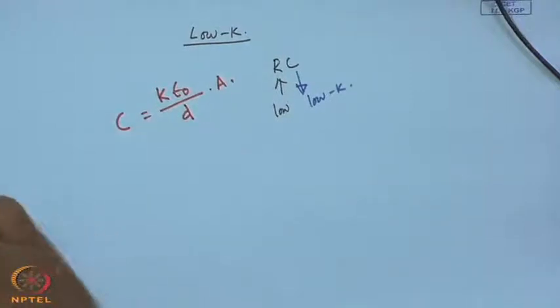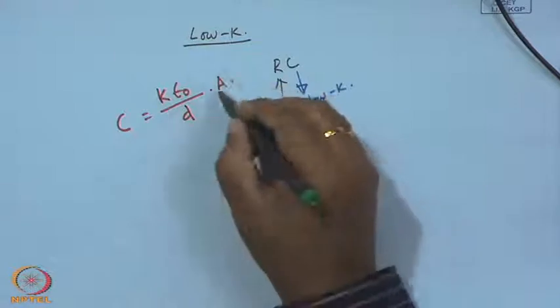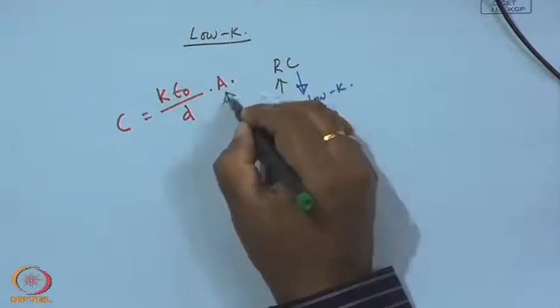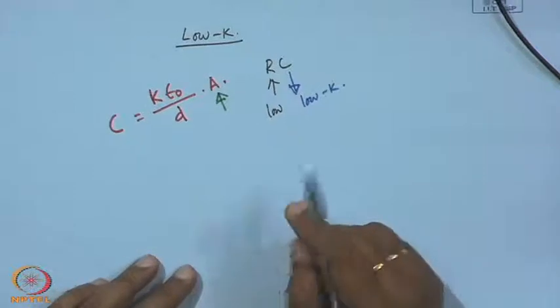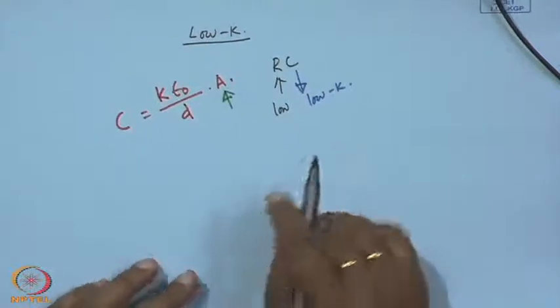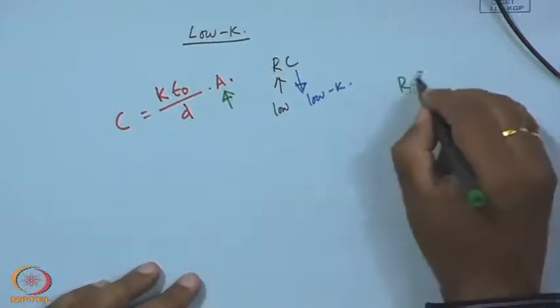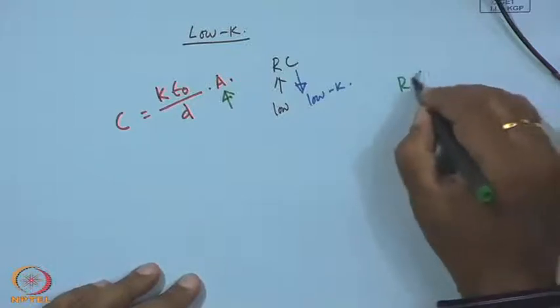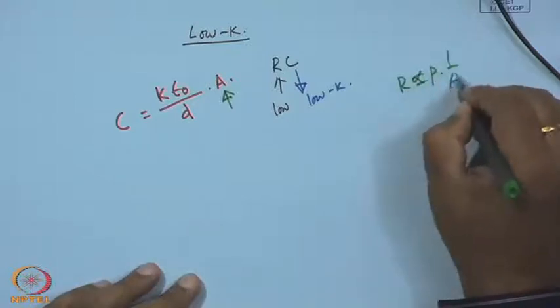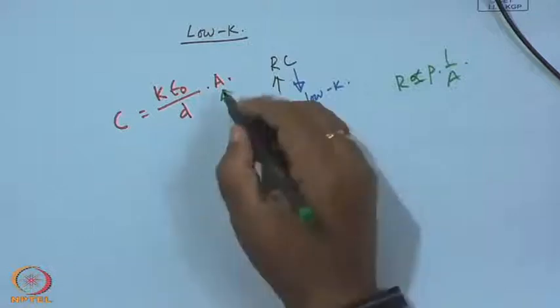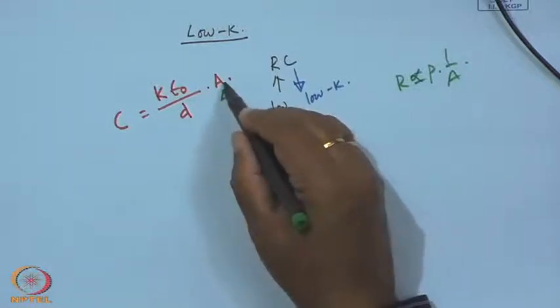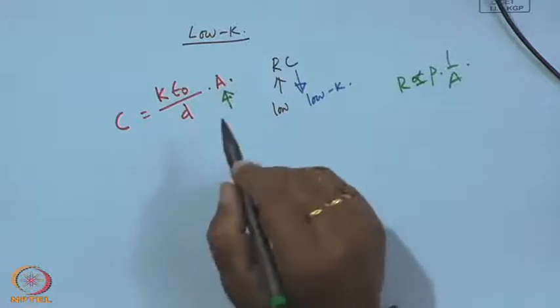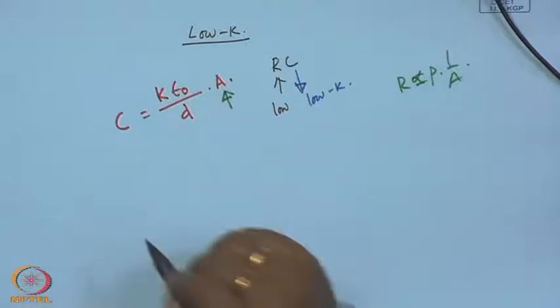We can reduce C by reducing A, which is not possible for planar technology, because in that case the interconnect resistance will be very high. We know that R = rho L / A. So, if we reduce A, then the interconnect resistance will increase, so that is not possible.